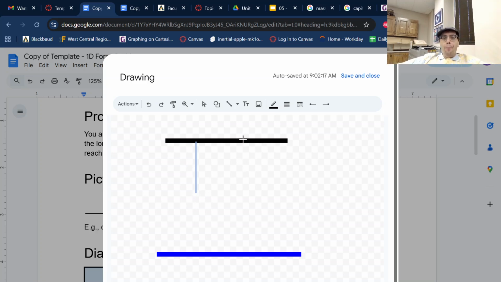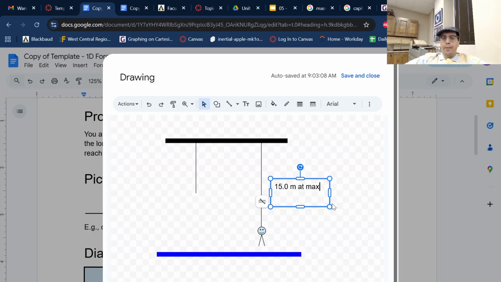But as you jump, I'm actually going to draw an intermediate figure also. When you're at the lowest point, you're like that. And this is when it's at its longest. So this is when it's at 15.0 meters at max stretch.